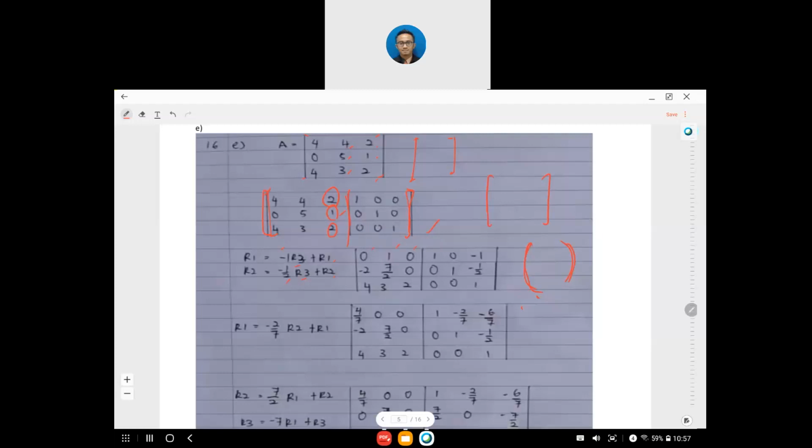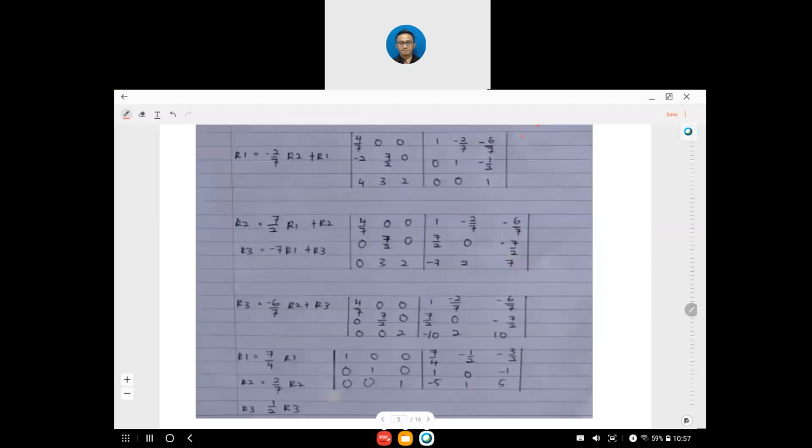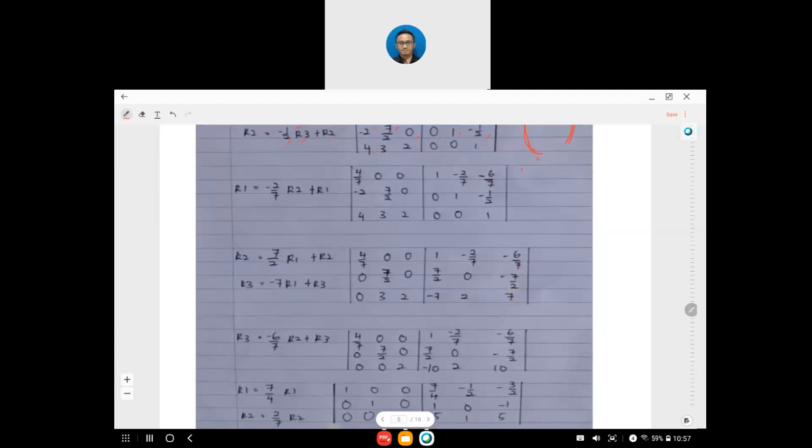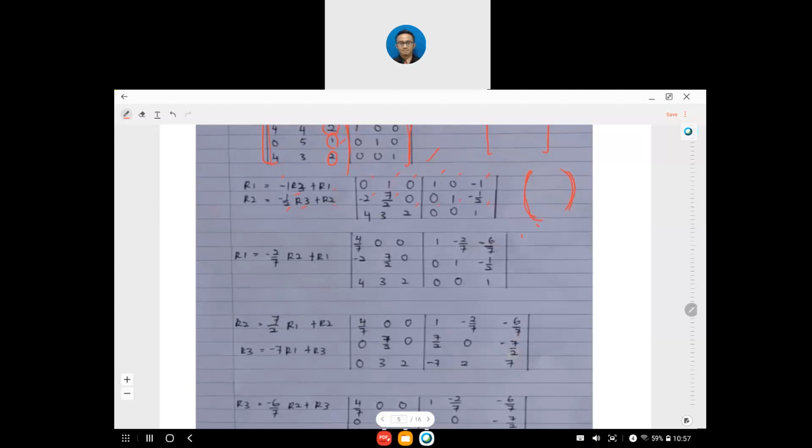And then 1, 0, negative 1. Okay. And then the second row, you can get negative 2, 7/2, 0, 0, 1, and negative 1/2. Okay. And then row 3, you just copy, because it hasn't changed.